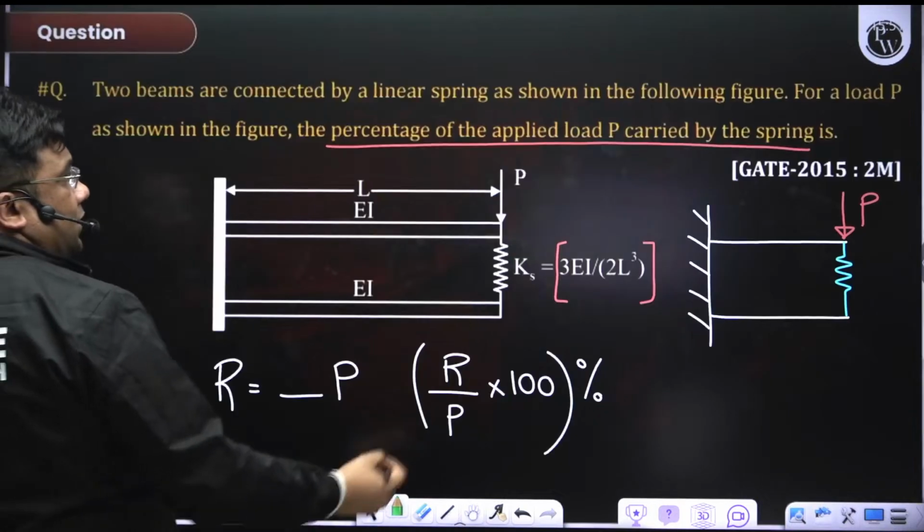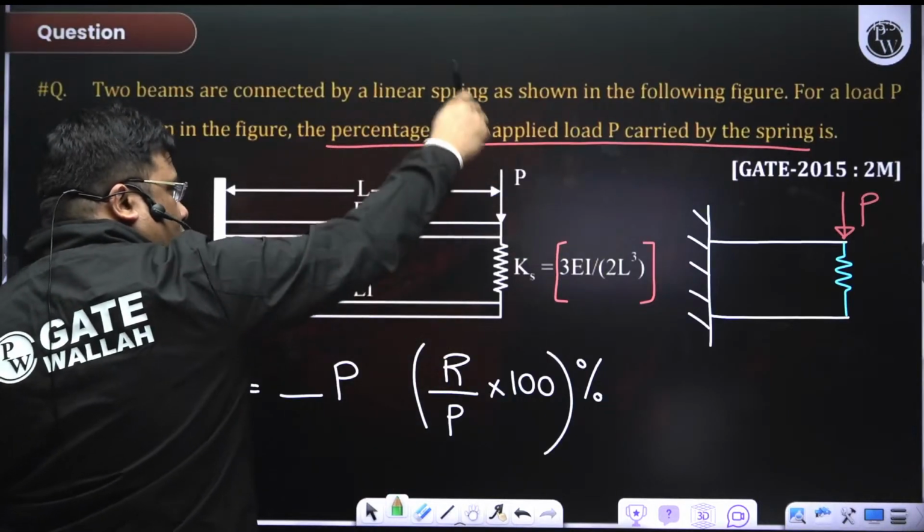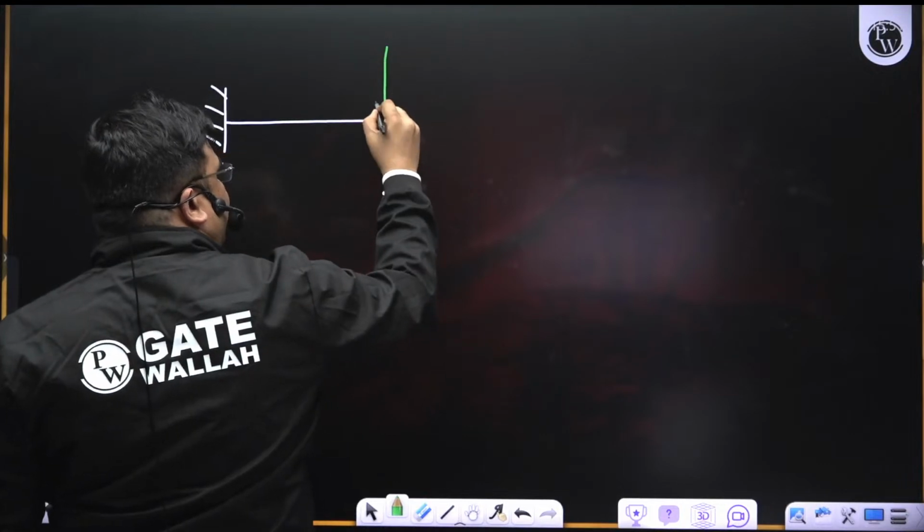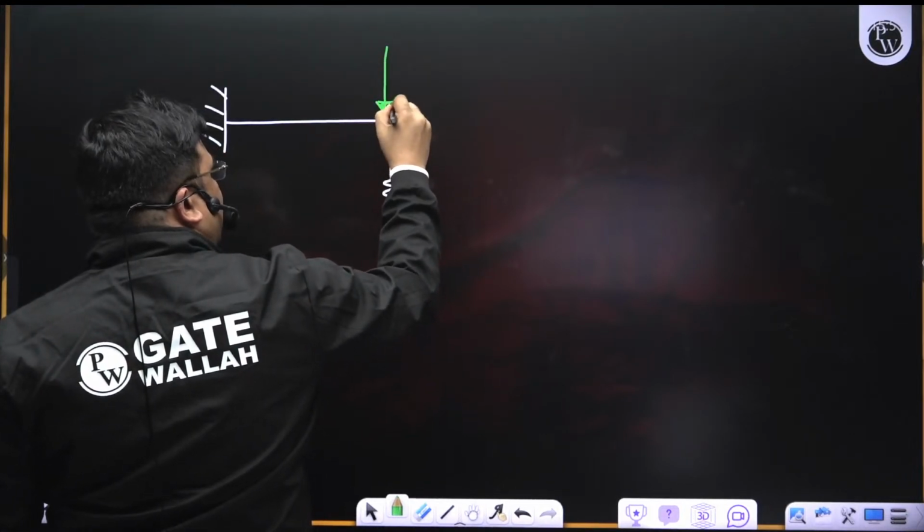Now what will happen when you apply this P load on this top beam?